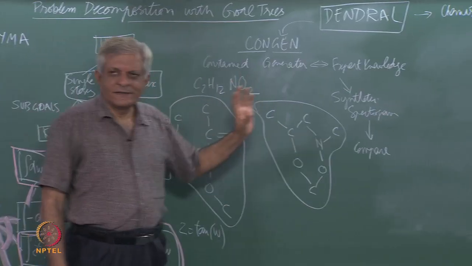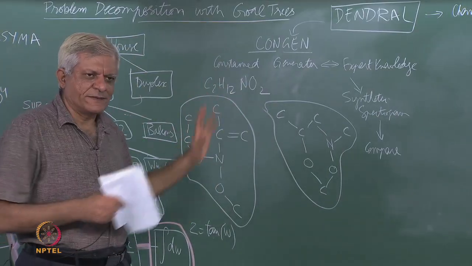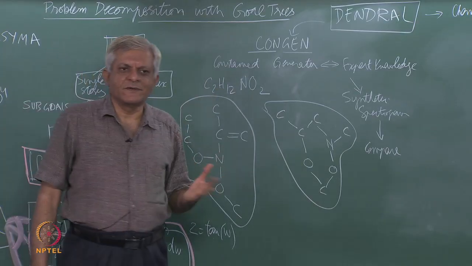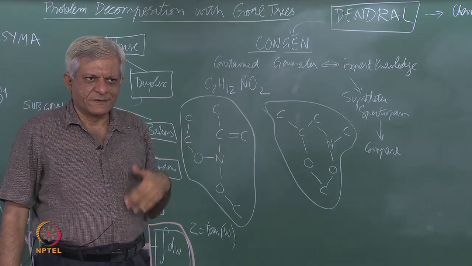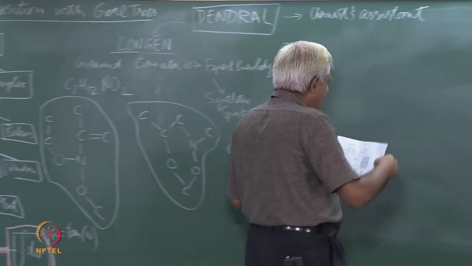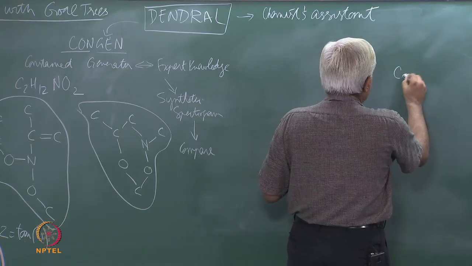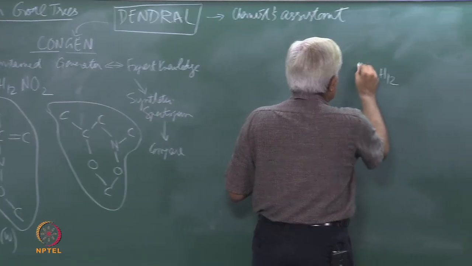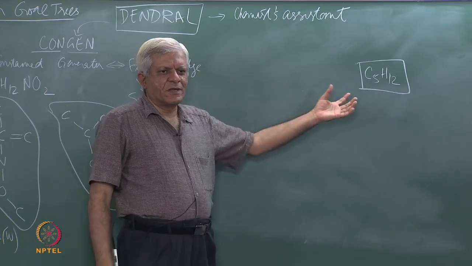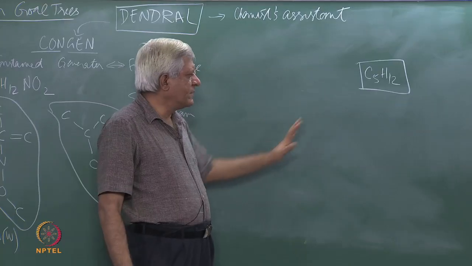So, let me just end with a small example of the kind of space that Dendrol generated, and in the next class we will see the algorithms which are used to explore this space. So, let us say that we are looking at C5H12. This is a molecular formula, and any box which has a molecular formula is an unsolved node, or it may be partially solved, as we will see.